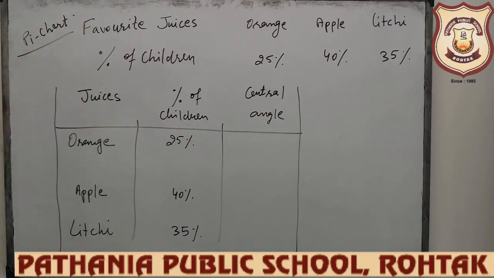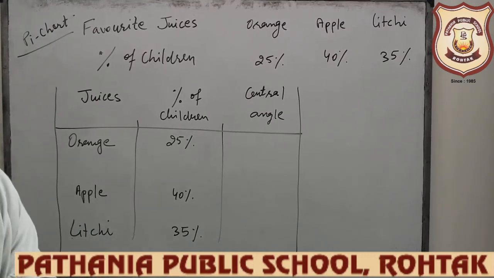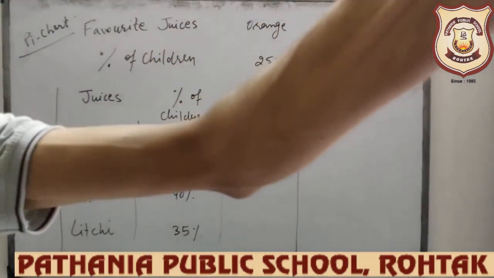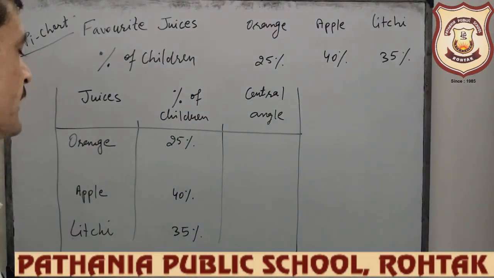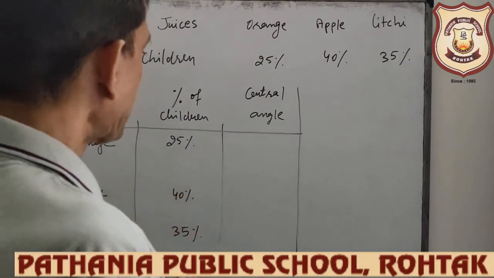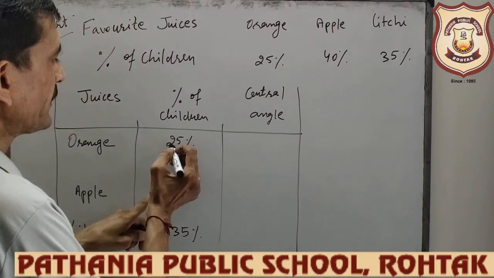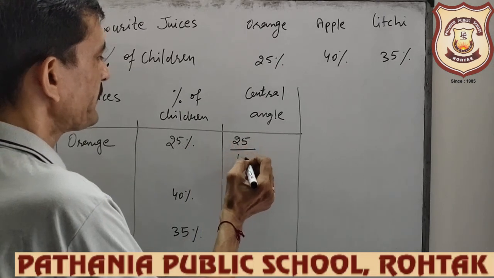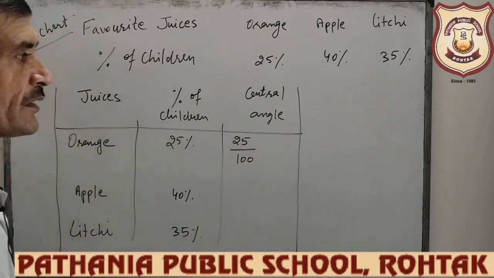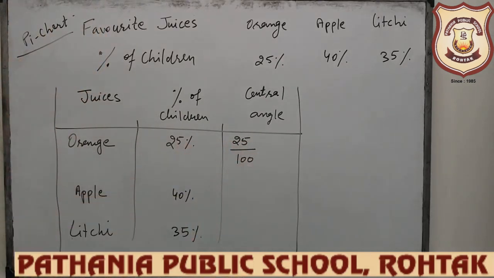Whatever I am going to discuss needs the central angle. This pie chart is represented by a circle. So in this way, 25%, percent means 100, 25% means 25 by 100.